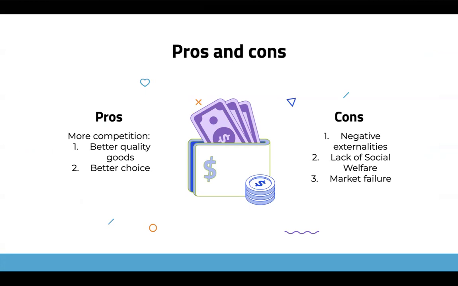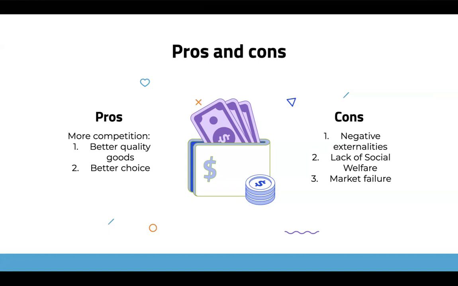So something you can take from this is that the pros of no government intervention are more competition, which means better quality of goods, because as companies compete with each other, they try to produce a better good than another company so you would buy their product, and therefore a better choice because there's a wider range of choices.